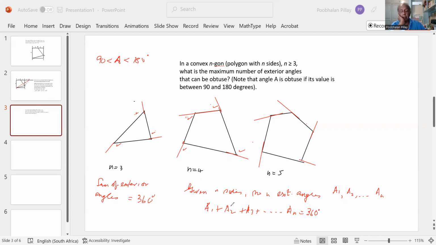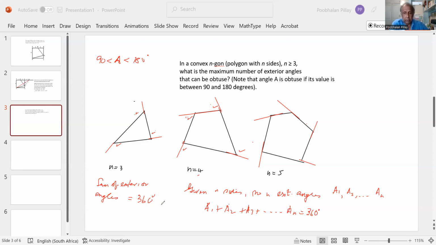So the question is, how many of these are greater than 90 degrees? So that's the problem. If you count the number of angles which are greater than 90 degrees, you can have 1, you could have 2, you could have 3, because 3 times 90 is 270. You can have 3 exterior angles. But the moment you come to 4, then they are all greater than 90 degrees.